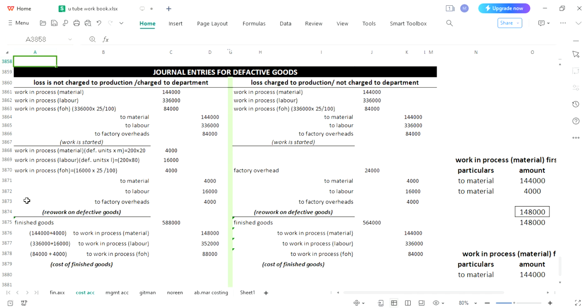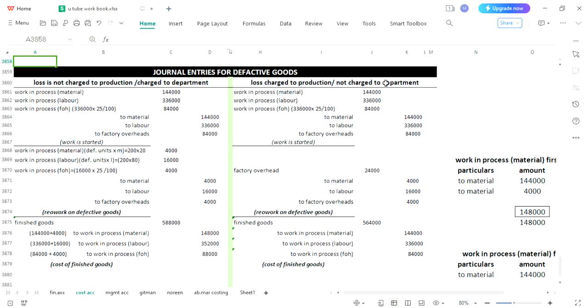Okay, now see, 3 entries are present on the left side, 3 entries are present on the right side, and 3 ledgers on the left side, 3 ledgers on the right side. This is the total volume of your question: 3 journal entries, 3 ledgers, 3 journal entries, 3 ledgers. First portion for not charged to the production, second for charged to the production.